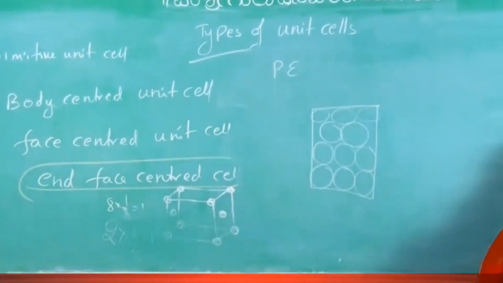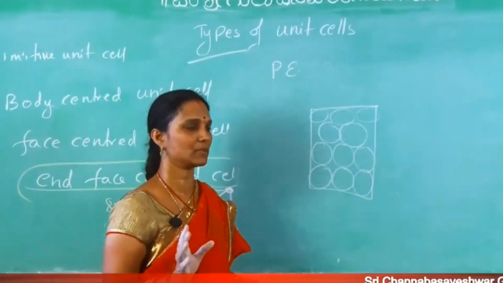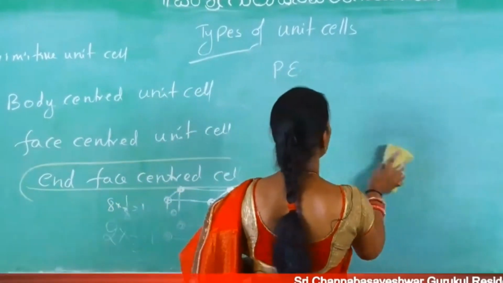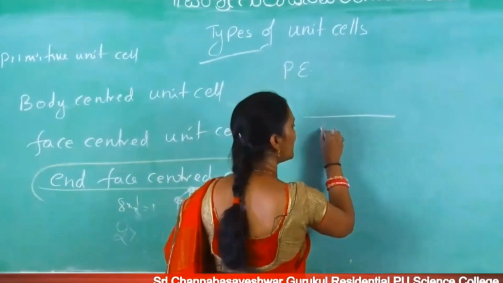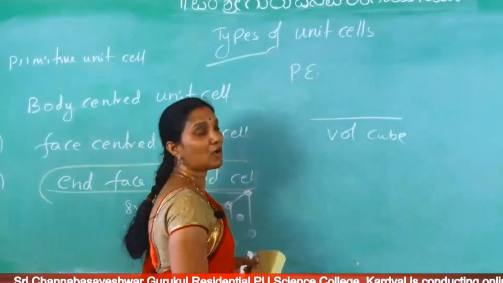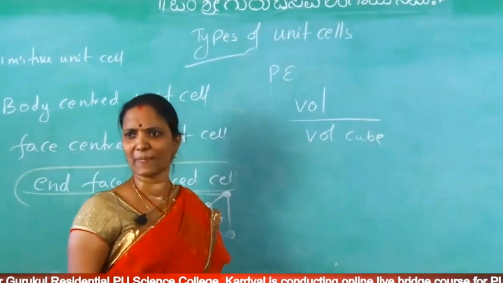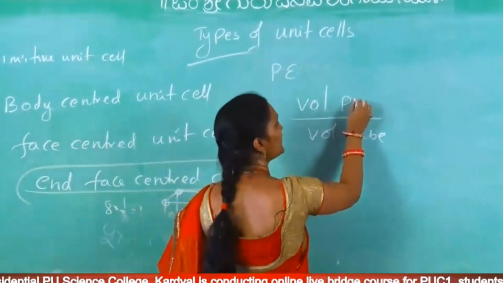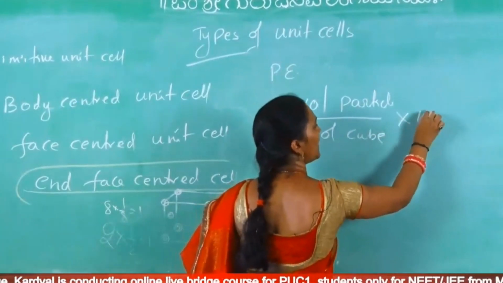Listen carefully. I am explaining primitive; body center and face center you should try. How to find the packing efficiency? Packing efficiency means, in the total volume of the cube, how much volume is occupied by the particles, which is nothing but the volume of the particles. So volume of the particles by volume of the cube into 100.